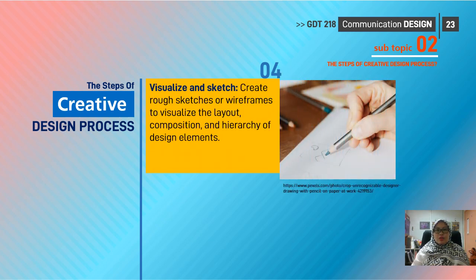Fourth, visualize and sketch. Create rough sketches or wireframes to visualize the layout, compositions, and hierarchy of the design elements. Experiment with different arrangements and visual structures to find the most effective representations of scientific content.